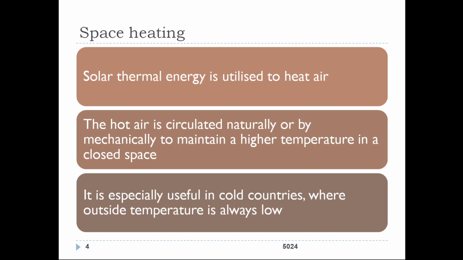The hot air heated using the solar thermal radiation is circulated naturally or mechanically to maintain a higher temperature in a closed space than its surroundings. As I mentioned, it is very useful in cold countries.